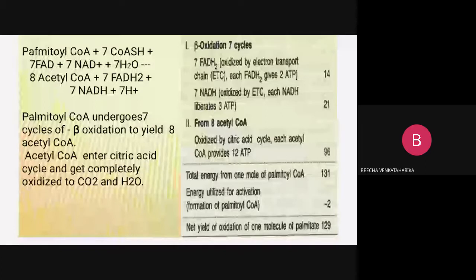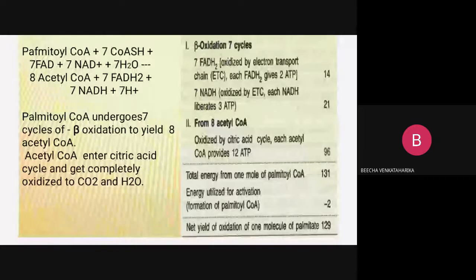But in that, 2 ATPs are required for the activation step. 2 ATPs are utilized. That's why 131 minus 2 is equal to 129 ATPs. How many net ATPs are produced when palmitoyl-CoA undergoes beta oxidation?